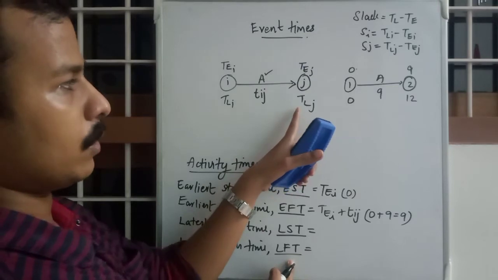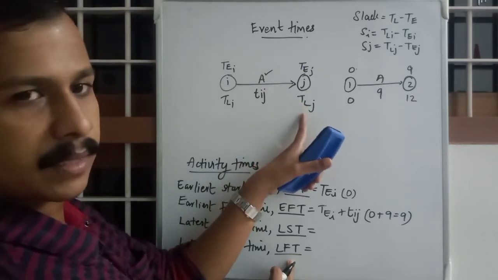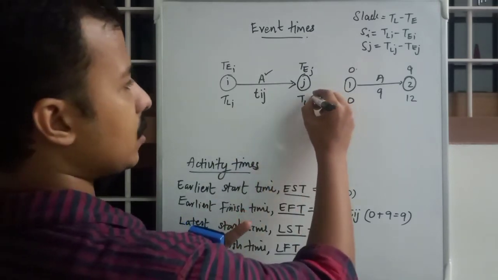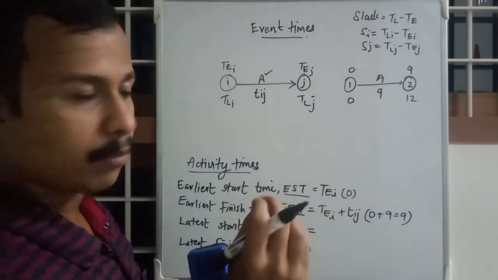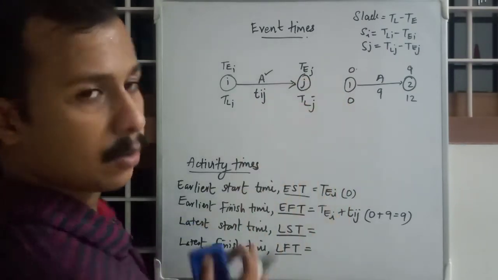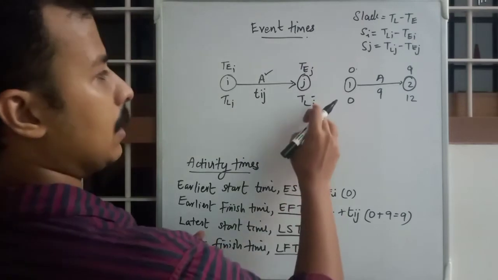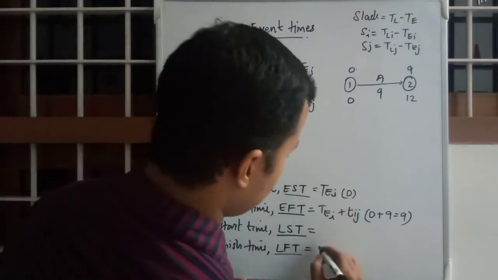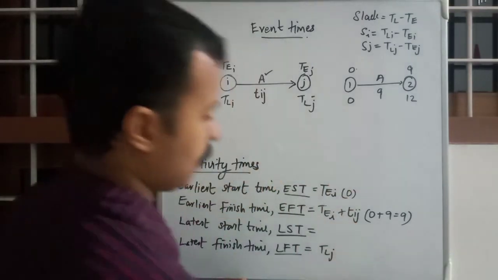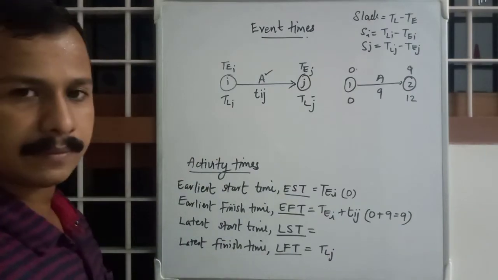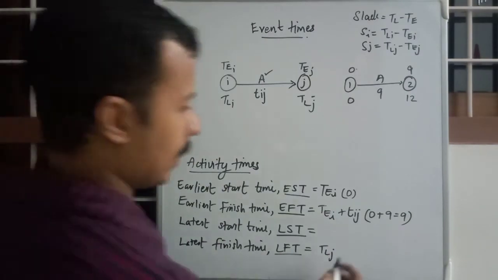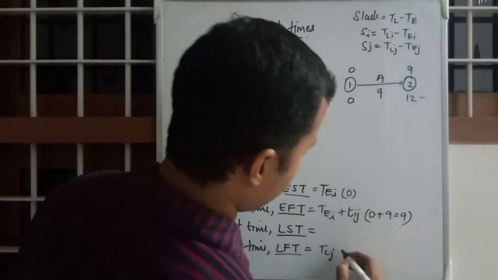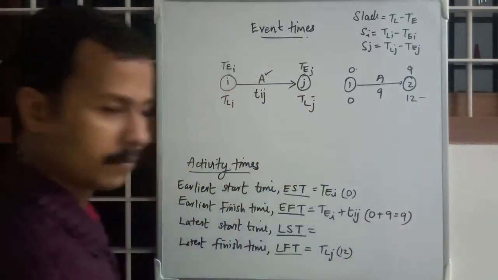It is TLJ. TLJ is the latest time moment at which J can occur, so TLJ will be the LFT, that is this value, 12.